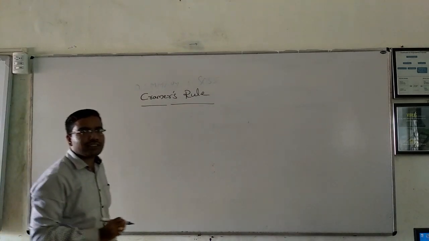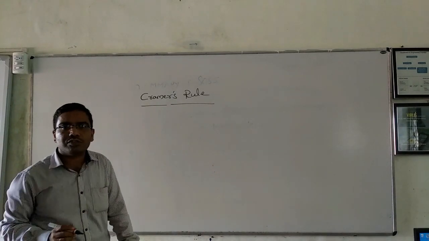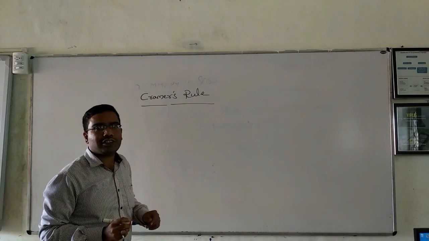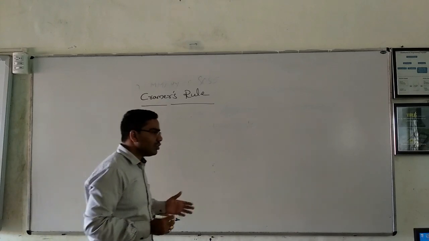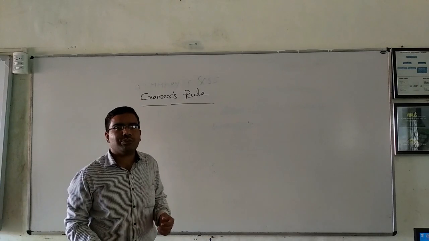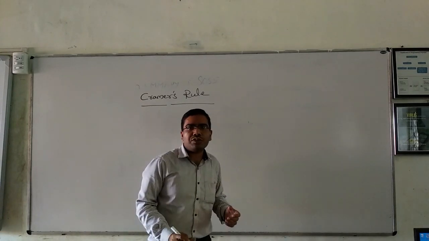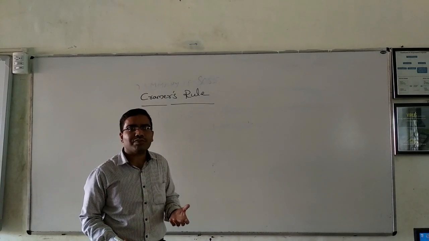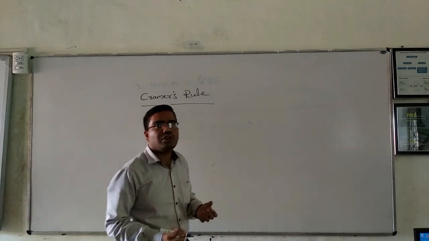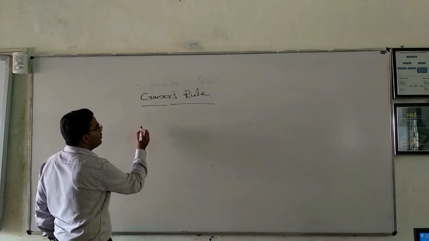So in basic electrical and electronics, what is the use of Cramer's rule? If you have linear equations, we can use linear algebra, and with the help of Cramer's rule we convert them into determinant form with the help of a square matrix. I am taking one example.